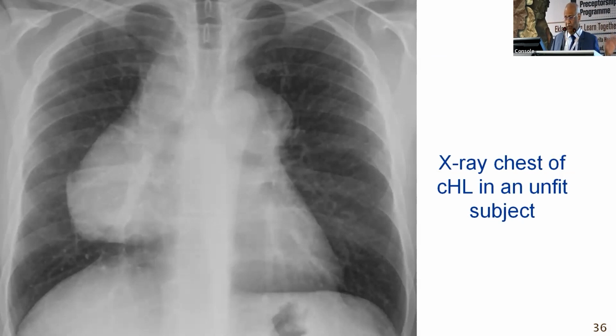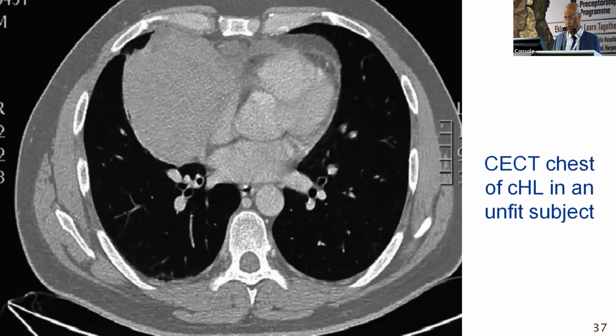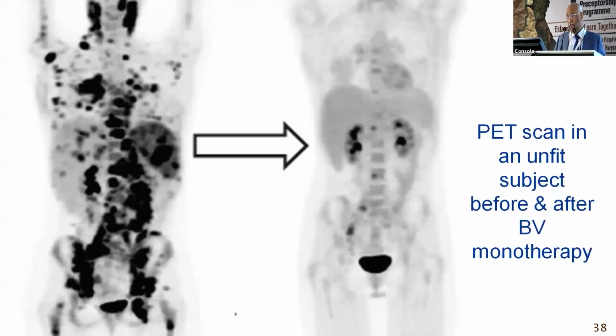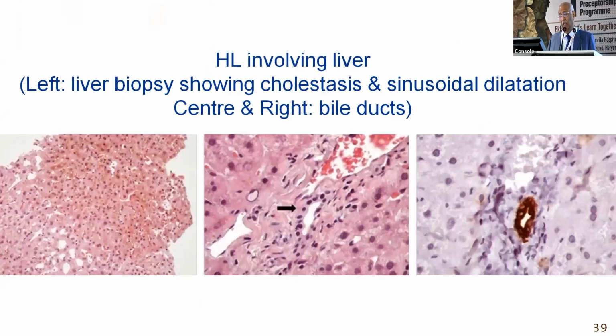This is one case where you see a huge mass on the right side of the mediastinum, CT scan of the same patient showing that kind of mass. And this is monotherapy with this drug, and you see what the results. There may not be cures, but at this particular situation, you're not looking at cure, you're looking at responses without toxicity. But that's why you're avoiding combination with chemotherapy.